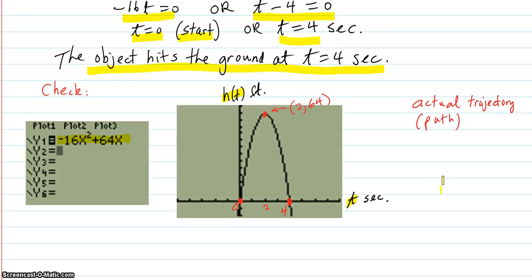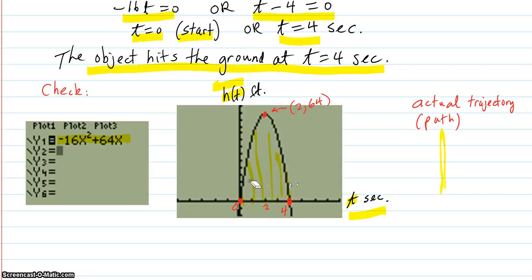The object was thrown upward and it came straight down. This is a graph of height versus time.